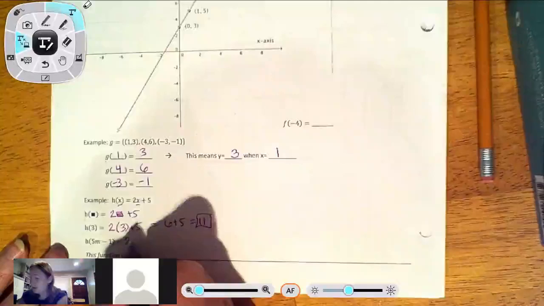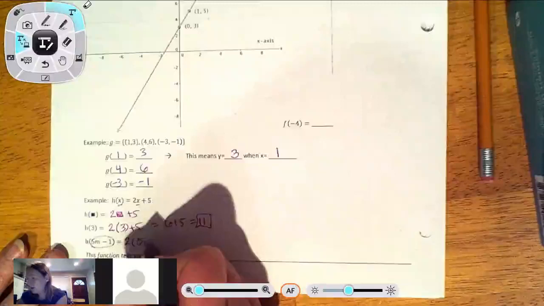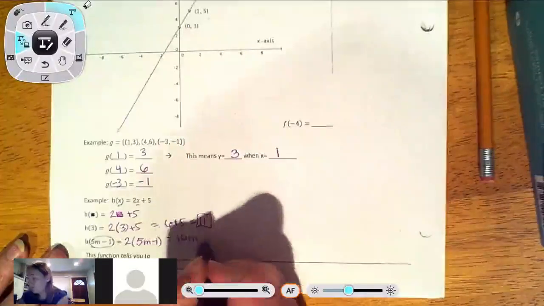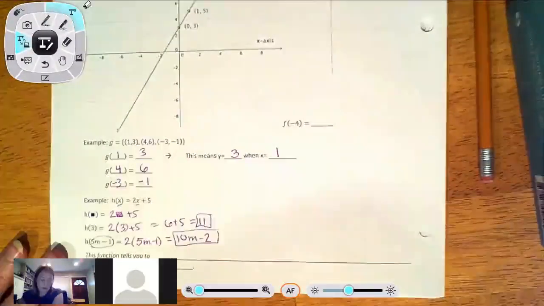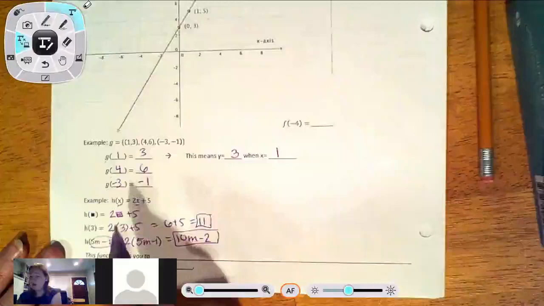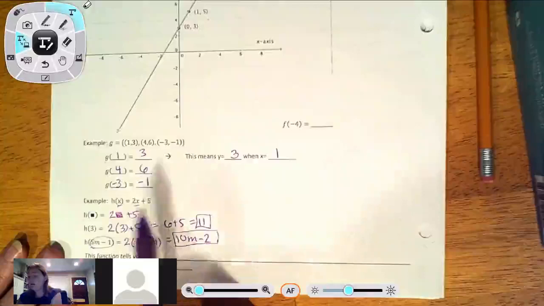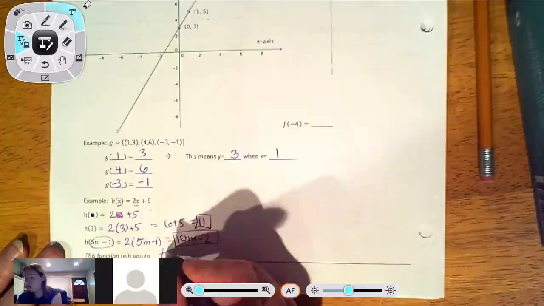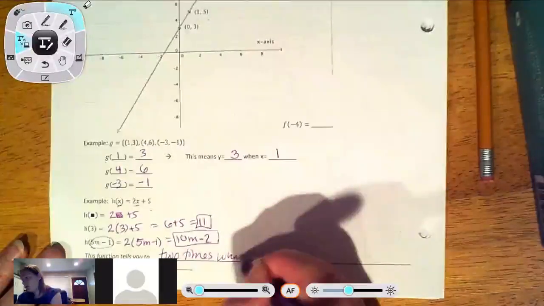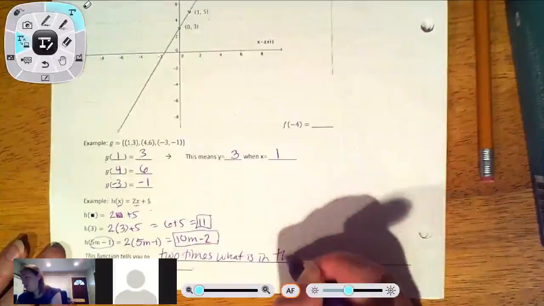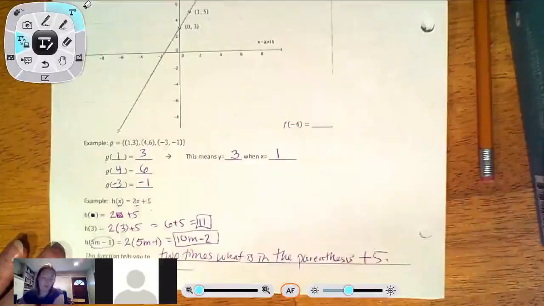Or 2 times, this is where the x was, so it's replacing the x. And you distribute. And so the function basically is saying 2 times whatever's in the parentheses plus 5. That's what that's saying.